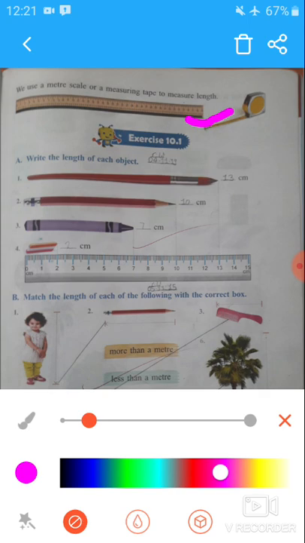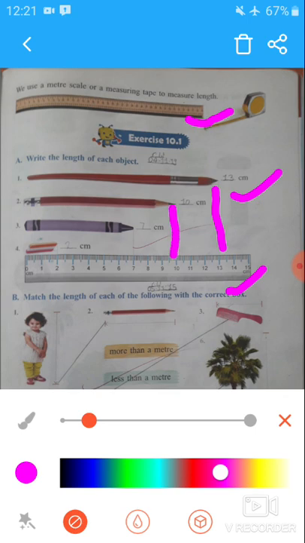Now students, let's come to exercise 10.1 from this unit. Write the length of each object. Here you will write the length of each object by measuring with the centimeter scale, which is already given here. So look here, the length of this paintbrush is 13, so you can write here 13 centimeter. Now the length of pencil is how many centimeter?